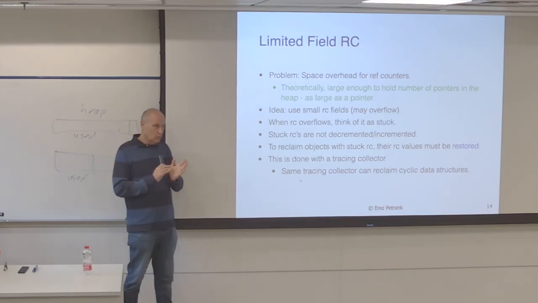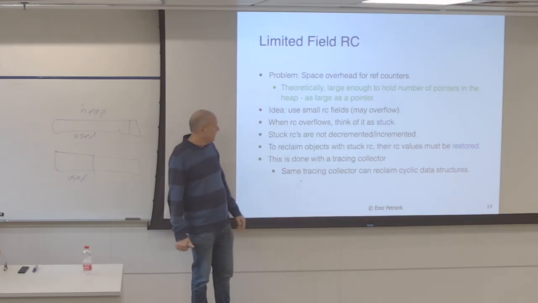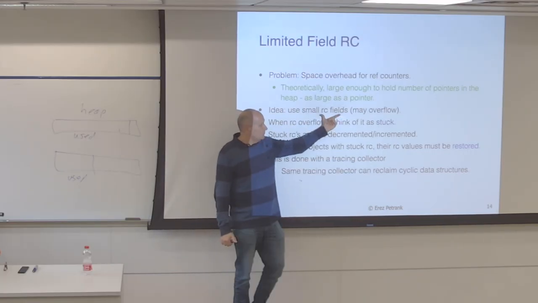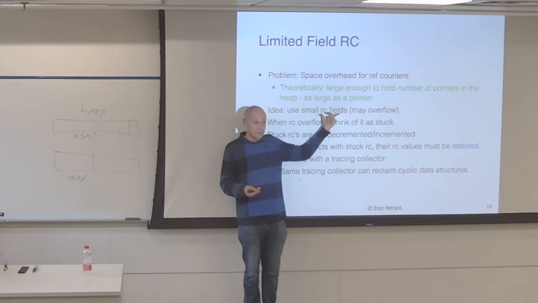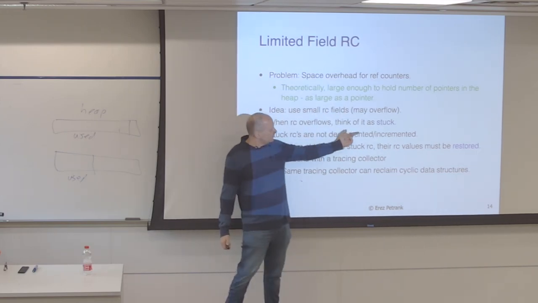So most of the time we'll have a small number in the reference count. So we could use a small reference count field, which may overflow for some objects, surely not for all, but some objects could overflow. And then we could think of it as a stack.